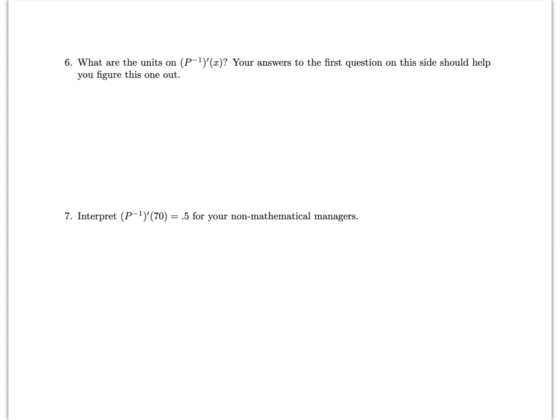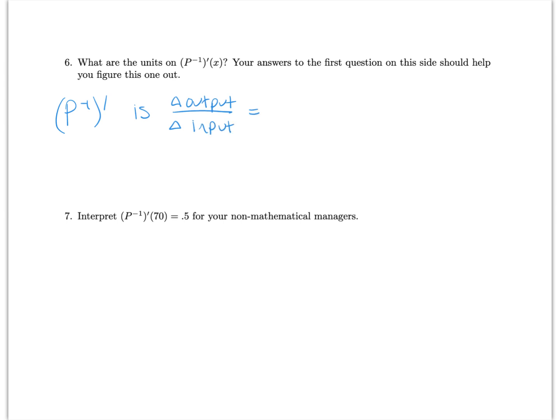What are the units on P inverse prime of X? So the answers to the first question should help, where I talked about the inputs and the outputs of P inverse. Remember P inverse prime is change in output over change in input.